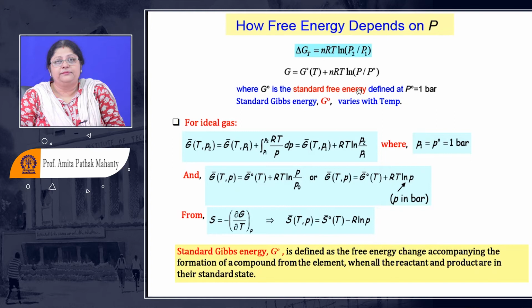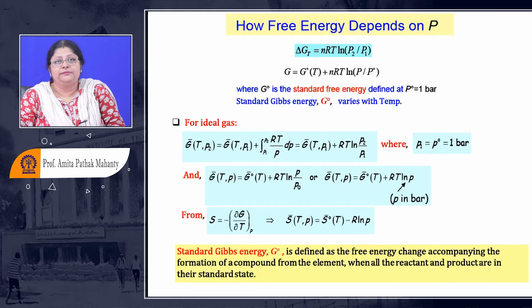So if I have to write this in any other form, then I can write P by P naught, for 1 mole of gas, RT ln P by P naught plus the Gibbs energy of that particular reaction at the conditions where you have the formation from the elemental state. Okay.